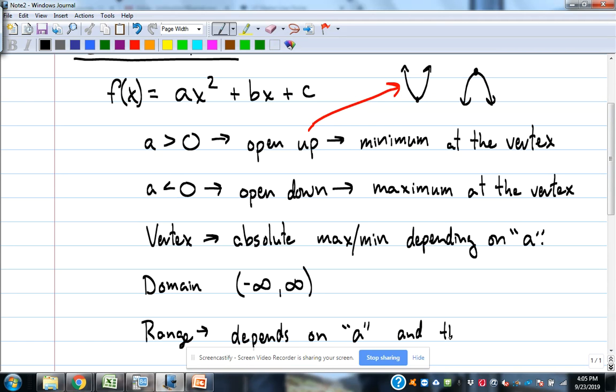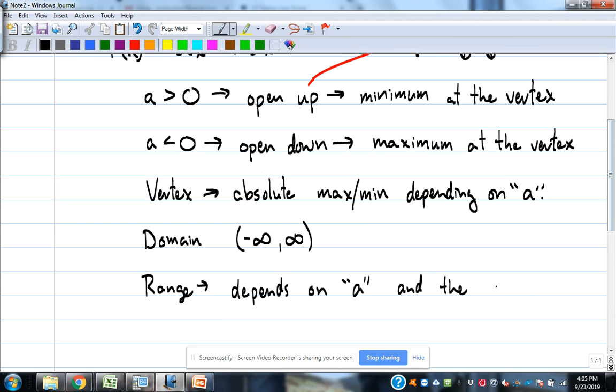The range depends on a and the y value of the vertex, the vertex being that absolute maximum or minimum. So if it's opening up, your range is going to start at the y value of that vertex and go to positive infinity.